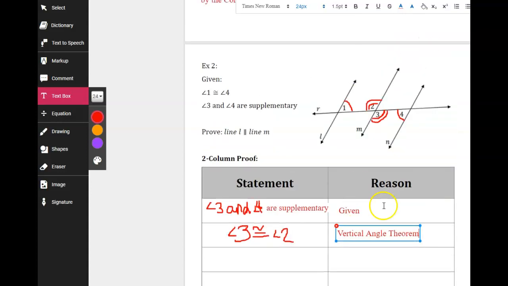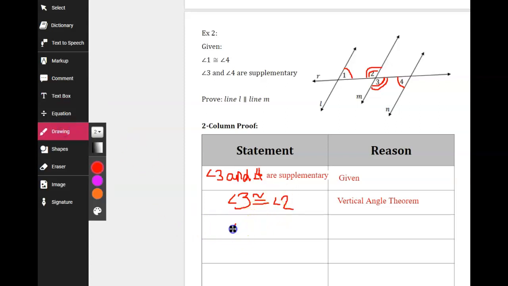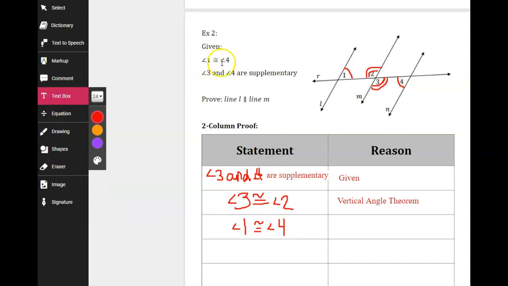The vertical angle theorem states that a pair of vertical angles are congruent to each other. Okay. I also know that angles 1 and 4 are congruent to each other. How do I know that? It was given. It was the first thing that was given.